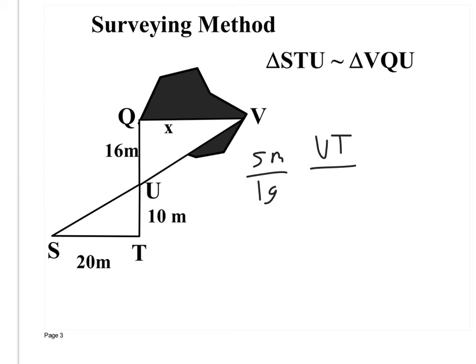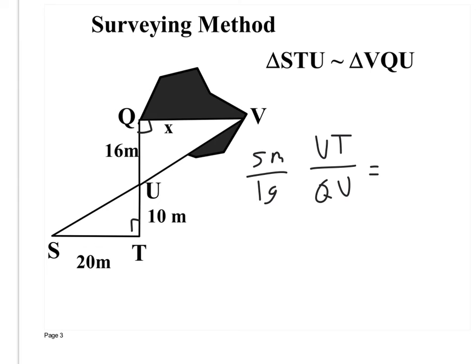VU? QV? No. QU. Look at it here. This side, let's say it's next to the right angle. What side would be proportional to UT? QU. See how they're the same side? Okay, so QU.